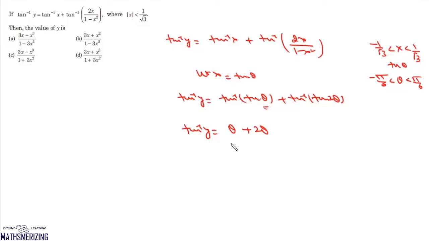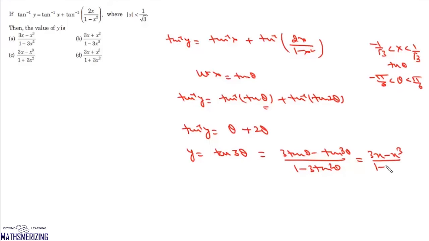So it will be simply 2 theta. So we can write this y as tan 3 theta. Now tan 3 theta is 3 tan theta minus tan cube theta upon 1 minus 3 tan square theta. So it will be 3x minus x cube upon 1 minus 3x square, and that's your option A.